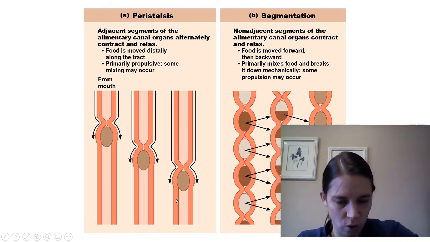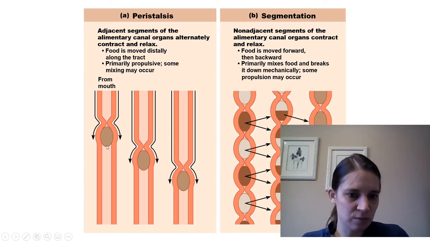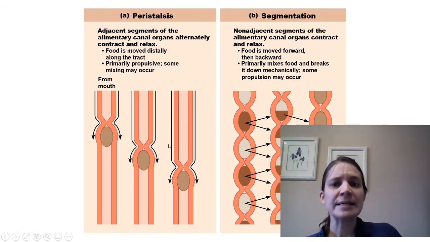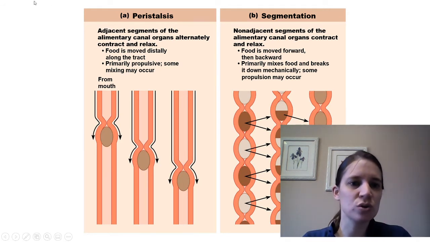It's being pushed forwards or down through the tract, right? So contract, this moves forward a bit. Contract, moves forward. Contract, move forward. So as you swallow, this bolus of food should be pushed by these muscles the whole way down. And then you could swallow another one and keep having it come down. That's peristalsis.